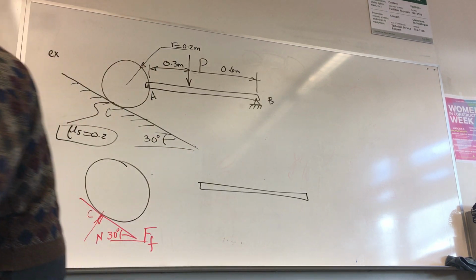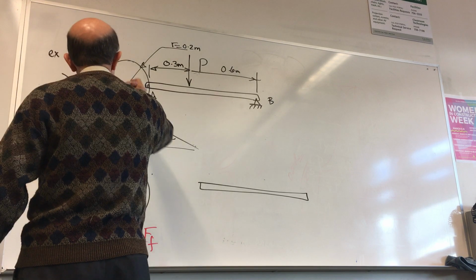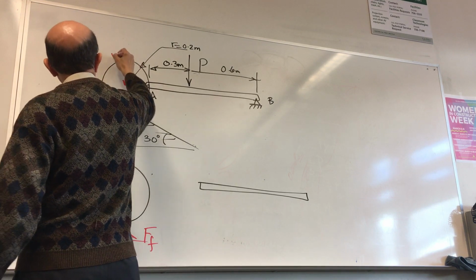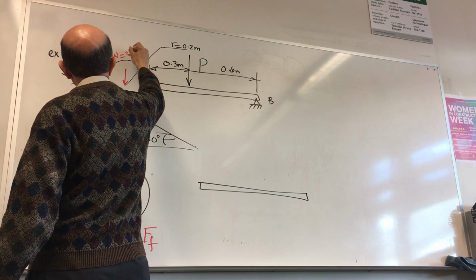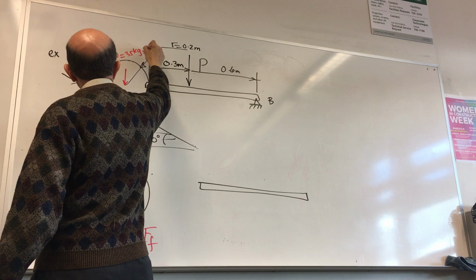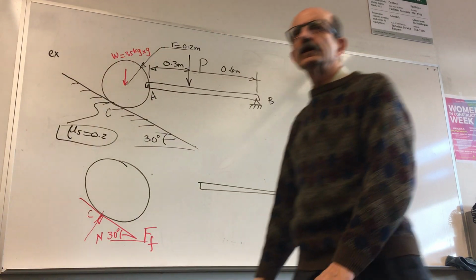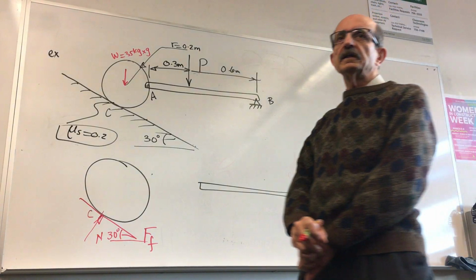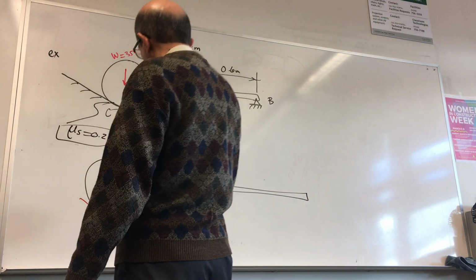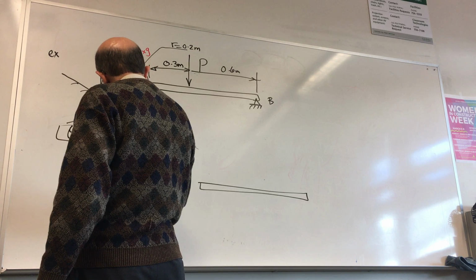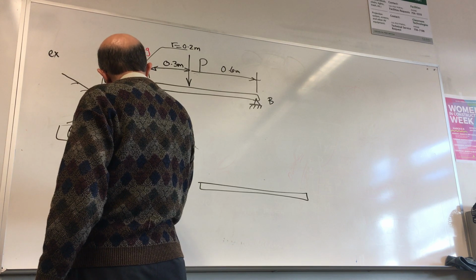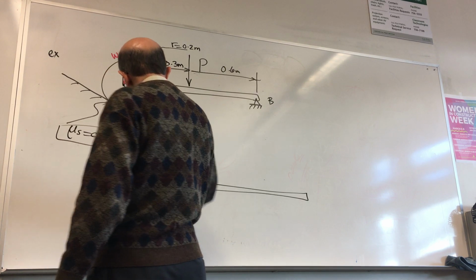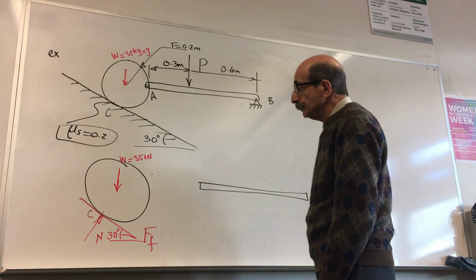By the way, the weight of this disc is also given. The weight is 35 kilograms times g, and assuming gravitational acceleration is 10 meters per second squared, so you have this force W, which is 350 Newton.